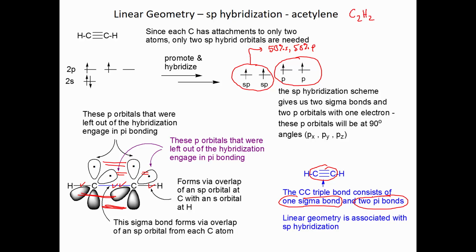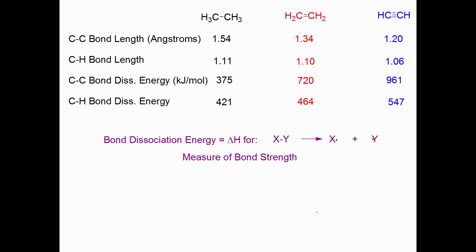Okay, and forever and ever, we need to now just form this tight association between linear geometry and sp hybridization. All right, so here's a table that we've seen before. I think I showed it in chapter 1. What happens to bond length and bond energy as the degree of bonding increases?